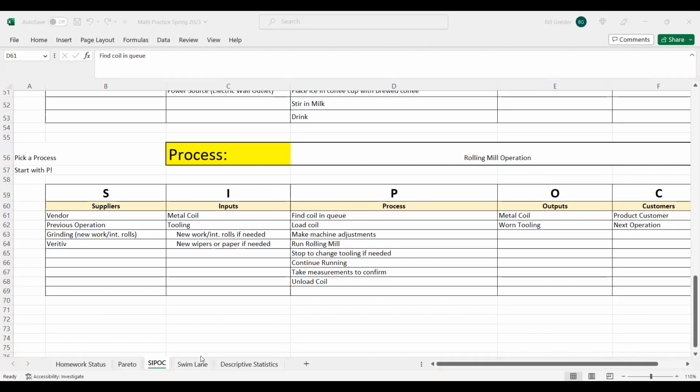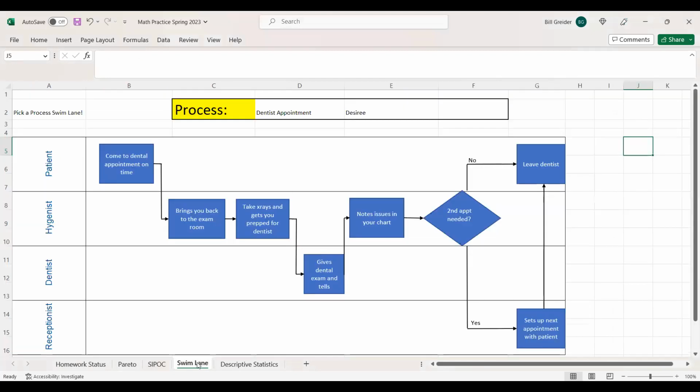And then we have our overachiever from Colorado. Desiree, you take us through this. This is a beautiful swim lane map of a dentist appointment. Sure. So it starts with the patient coming to the dental appointment on time. A hygienist brings you back to the exam room, takes x-rays, gets you prepped for the dentist.